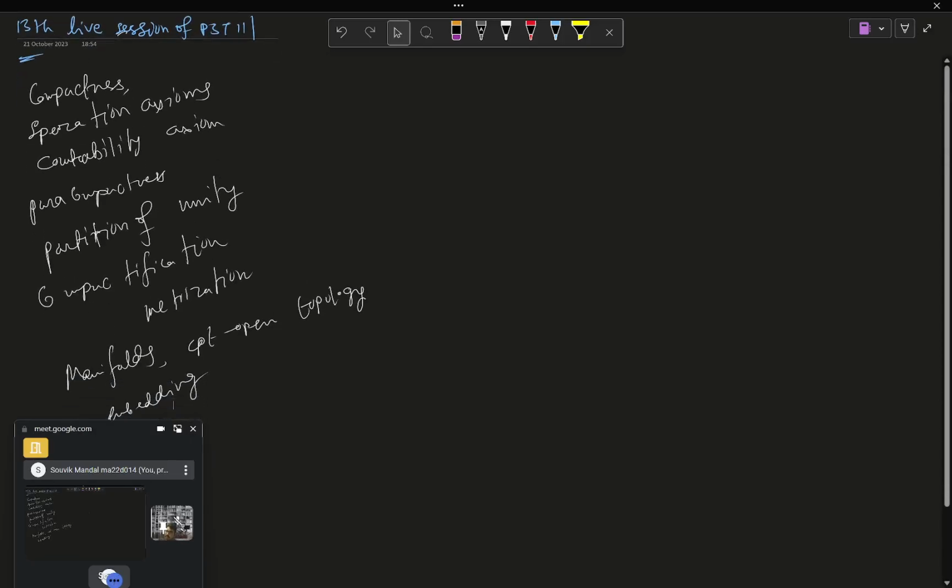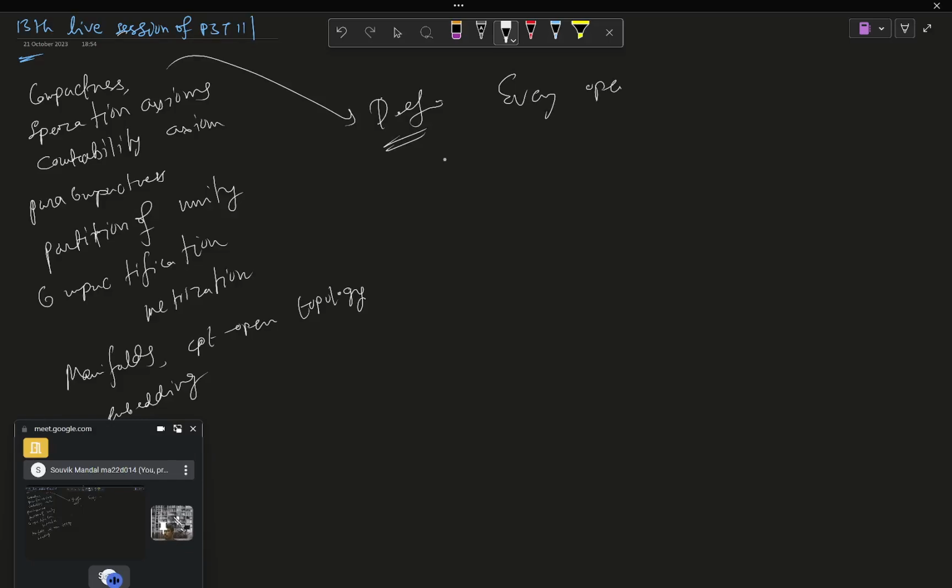First of all, let me go into compactness. What does compactness mean? Basically, the definition of compactness is: every open cover has a finite subcover. This is the basic thing about compactness, but of course this is not too helpful. For that there are many theorems.